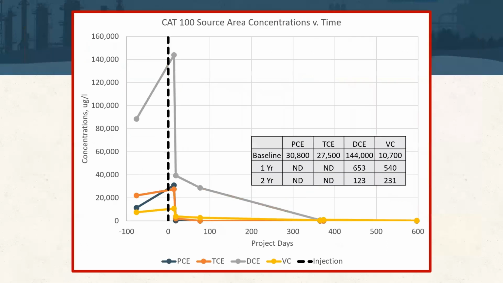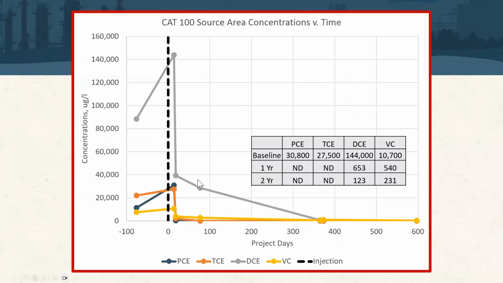Now, to break that out, the reason I like to include this site and this particular well is that if you look at the baseline concentrations, there was some natural ERD going on here. We see a significant conversion to DCE with some vinyl chloride generated at baseline, at 144 milligrams per liter of DCE to start with.